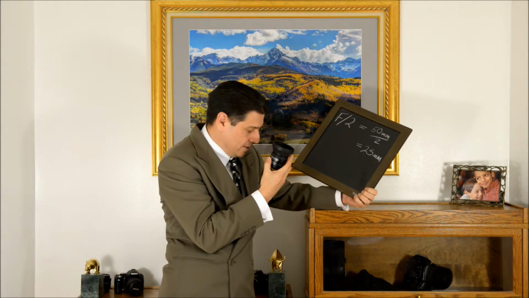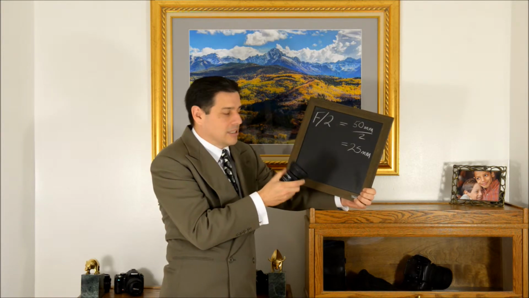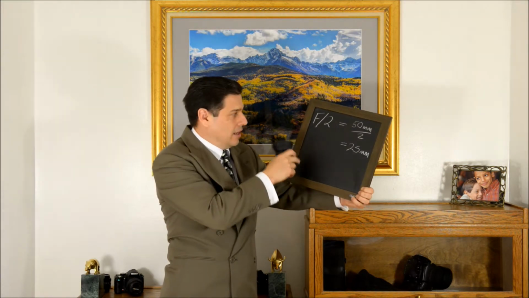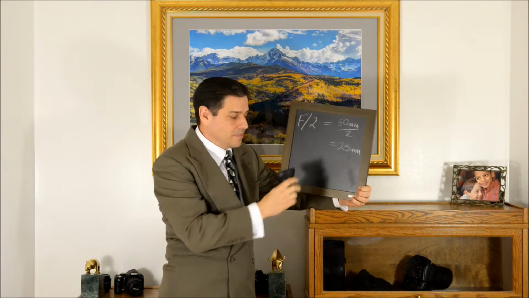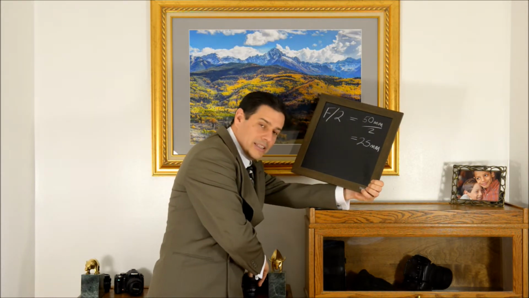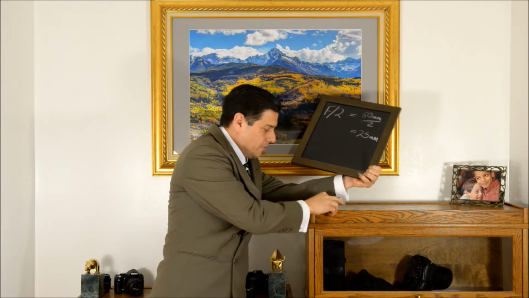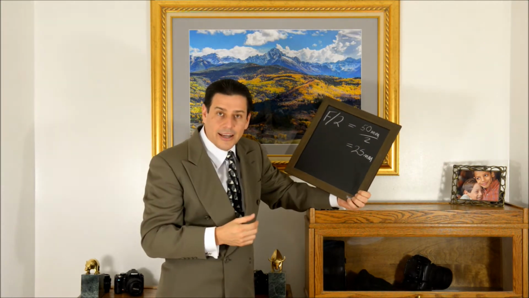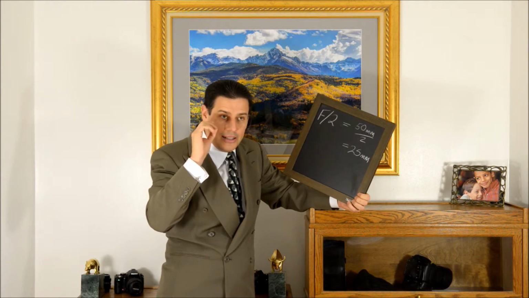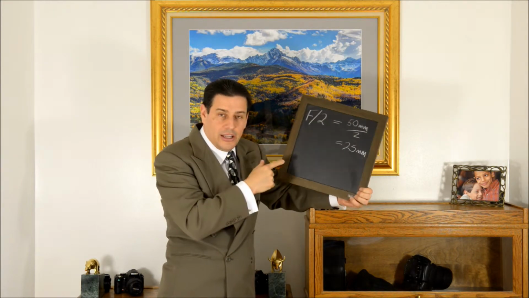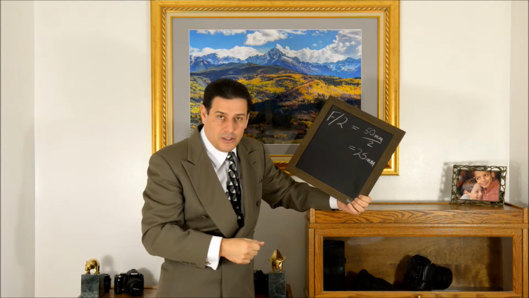Okay, but before I get to that, what does f2 even mean? It means the focal length divided by 2. Now, aperture. What is aperture? Aperture is like the iris in your eye. In your eye, aperture is a circle, and in your camera, aperture is a circle.